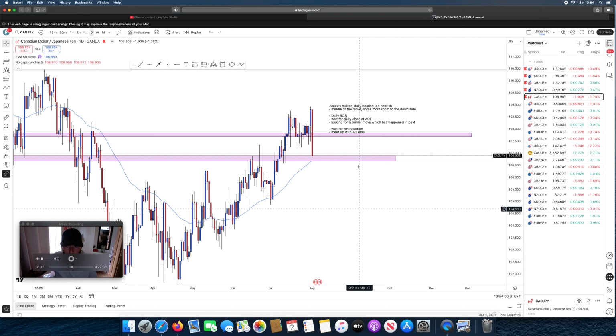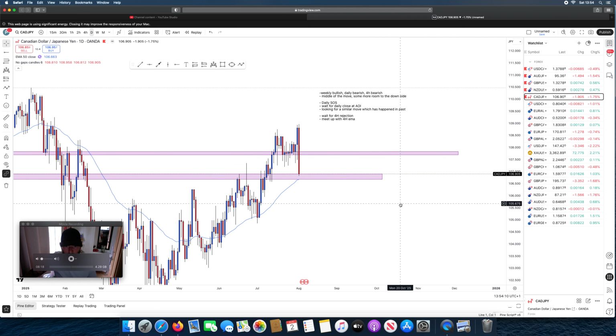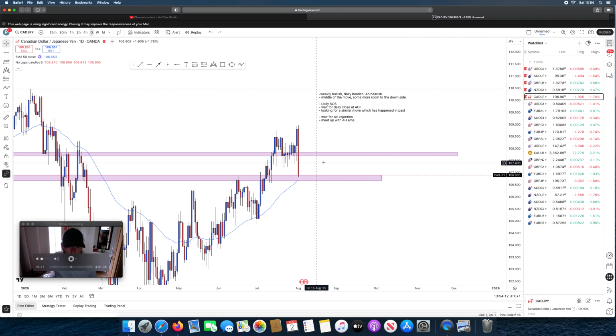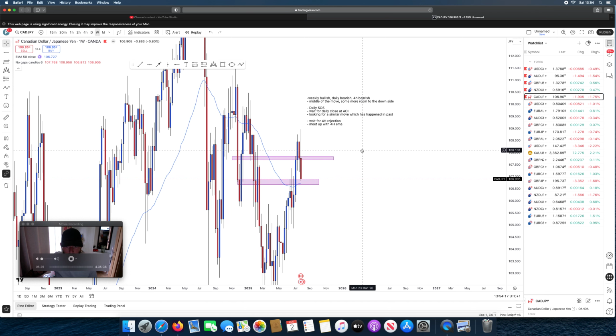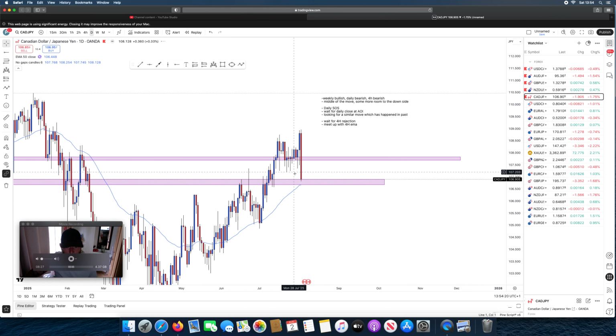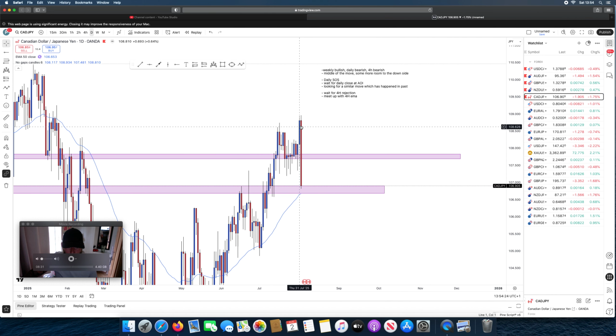Lastly, CAD JPY. We've got the weekly, which is bullish, as you can see. Daily is bearish, just shifted bearish. Got this nice candle here, which has shifted us bearish.